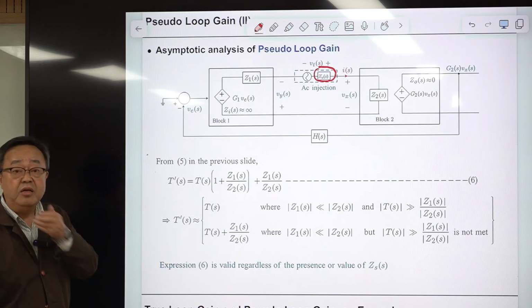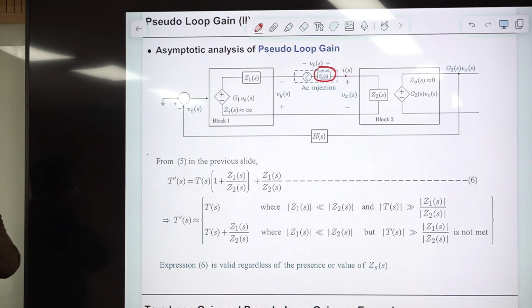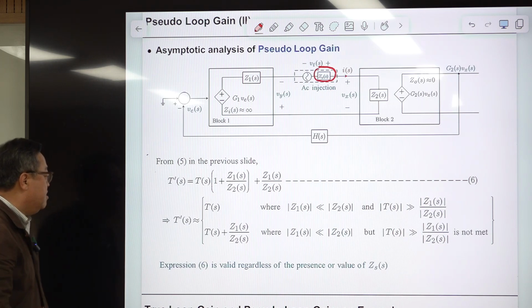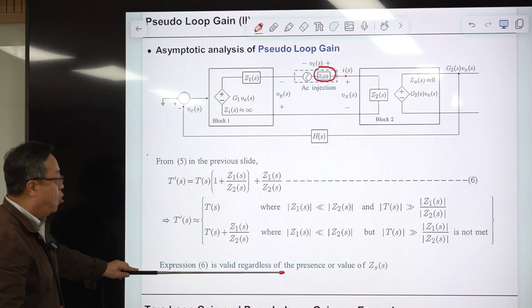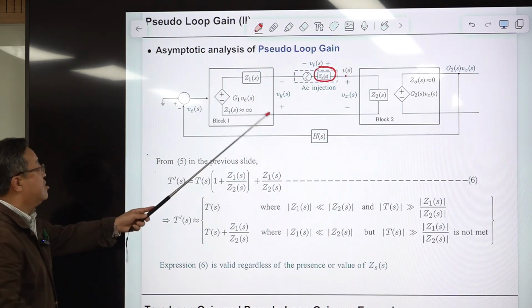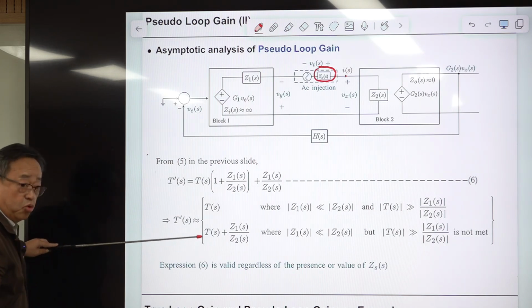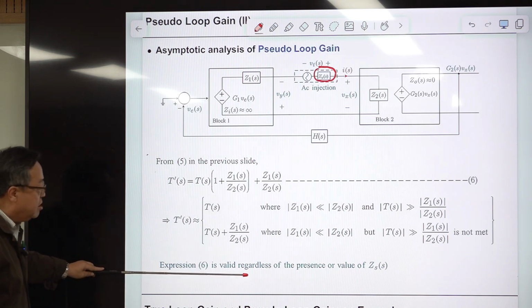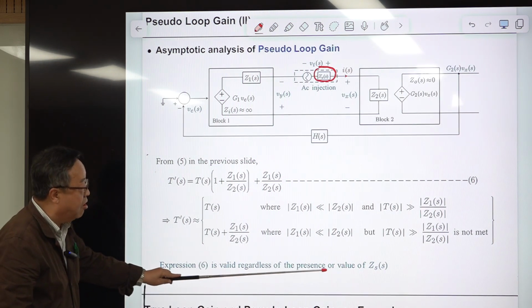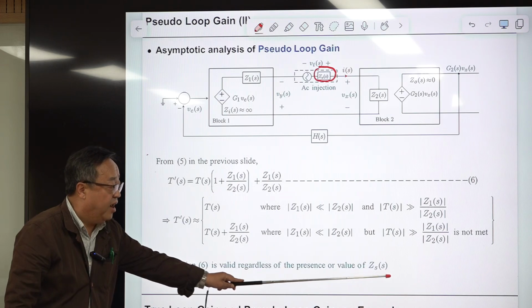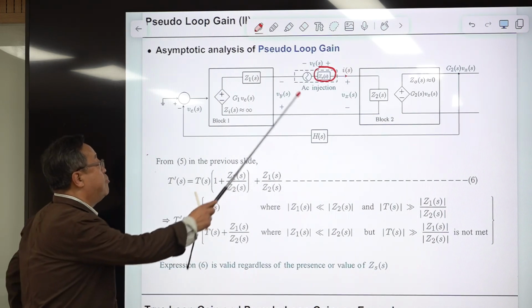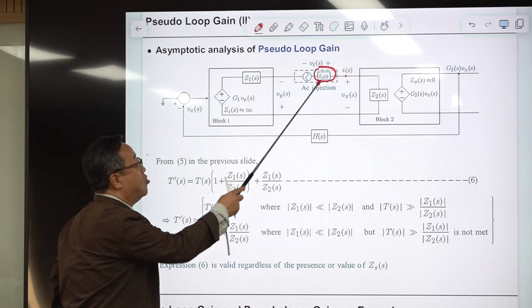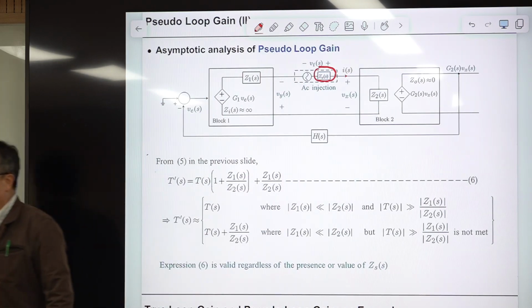For our example, that is the sinusoidal voltage source combined with a practical transformer, and this source impedance is totally independent of the evaluation of this pseudo loop gain. So this expression 6 is valid regardless of the presence or value of GS. You don't have to worry about the presence of this, and you don't have to worry about this. That is very, very important.